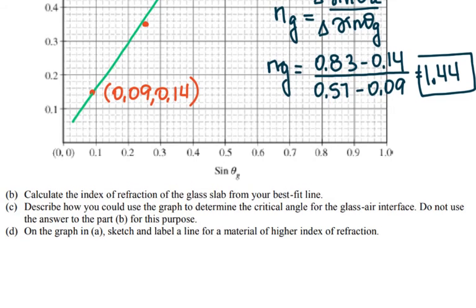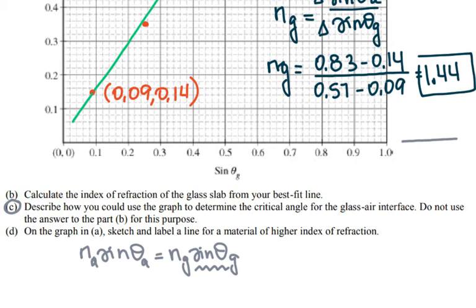For the next question, they say describe how you could use the graph to determine the critical angle for the glass-air interface. Do not use the answer in part B for this purpose. From Snell's law I have N air sine theta air is equal to N glass sine theta glass. The critical angle is where the refracted angle is equal to 90 degrees.